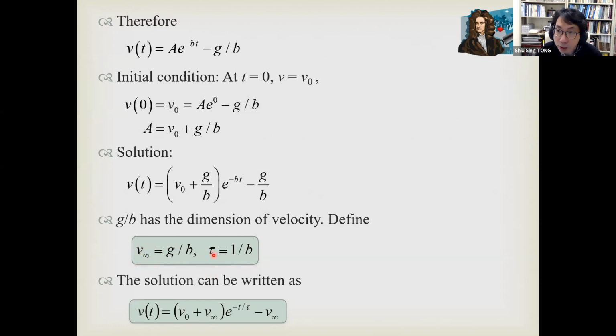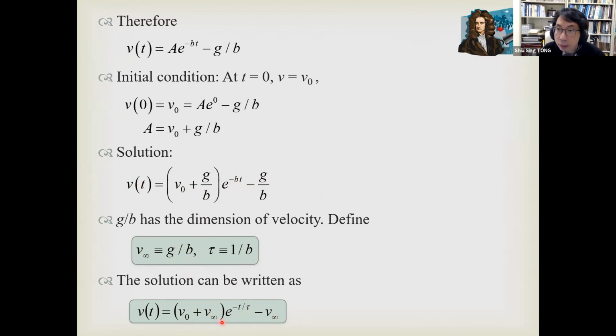And as before, we define the constant 1 over b as the decay time constant tau. Okay. And so with this definition, we write the solution nicely. The two terms inside the bracket are written as v0 plus v infinity. The exponential factor now becomes e to the power minus t over tau. The last term is also v infinity. So we have this equation. Okay.